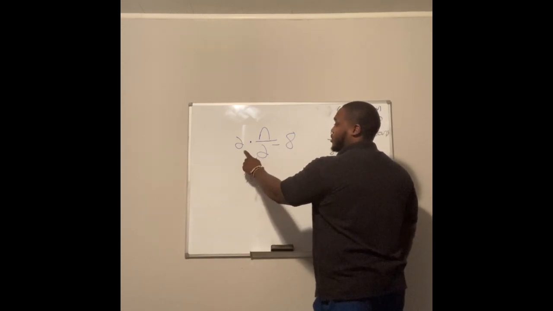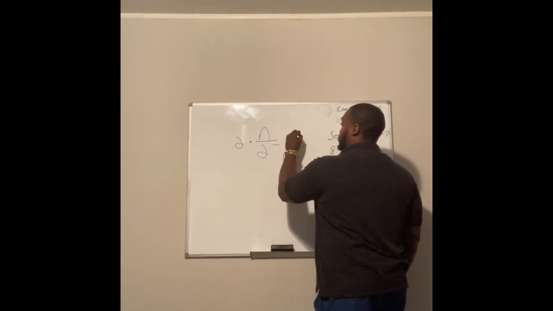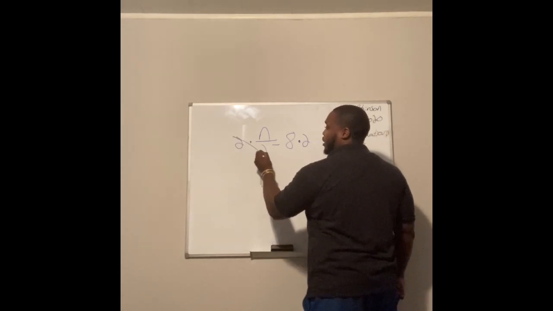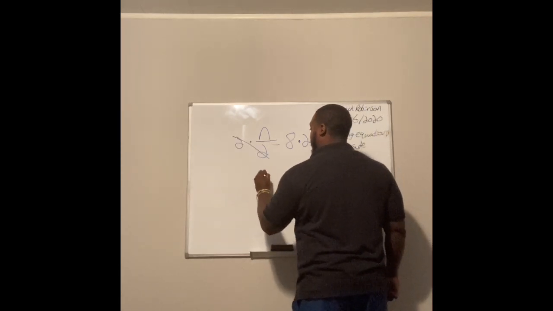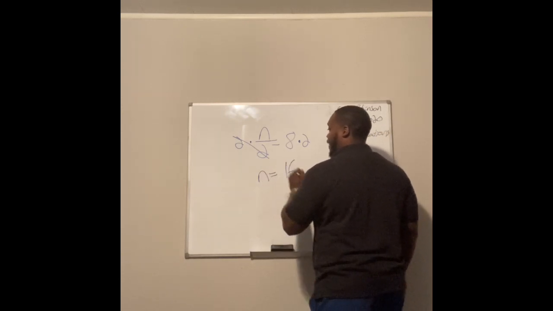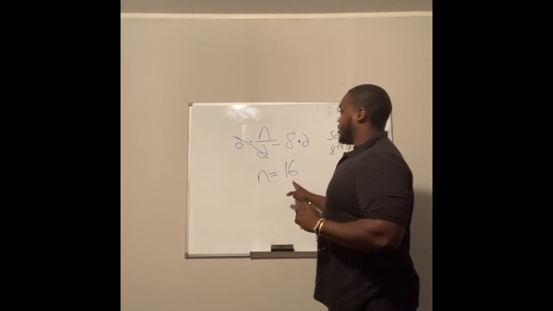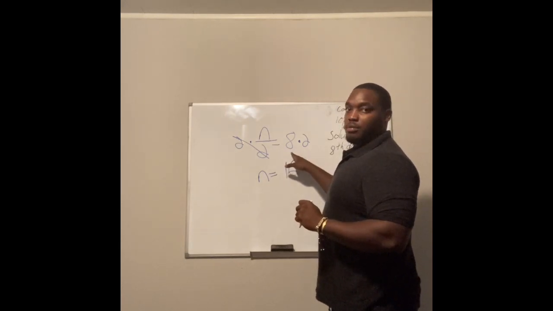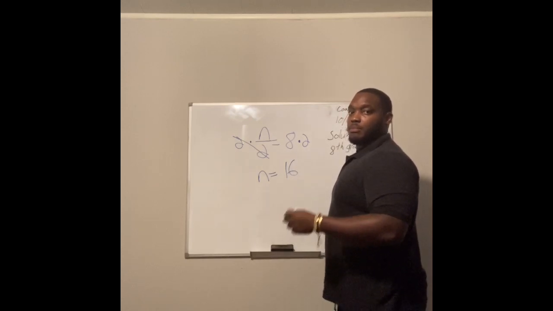So since we times this by 2, we have to times 8 by 2 as well. The 2's will cancel out, isolating our variable n. N equals 8 times 2, which is 16. And I should be able to plug in 16 for n, divide by 2, and that should give me 8. So that's how you go about checking your problem to make sure you're correct.